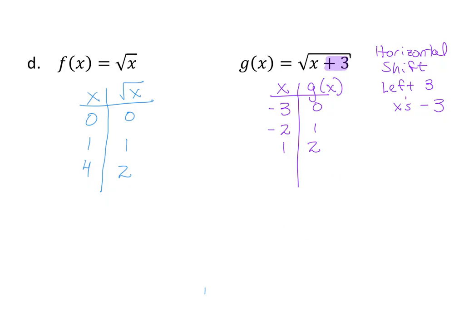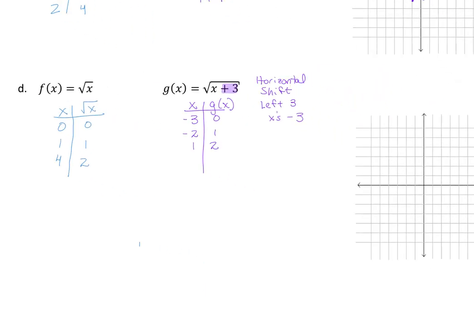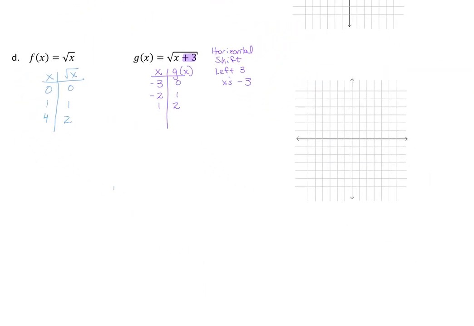All right, so now if we go ahead and graph these, we have our parent function is 0, 0, 1, 1, 4, 2. We get our square root graph. If we shift these points 3 to the left, we're going to be at negative 3, 0, which is what we have on our table.